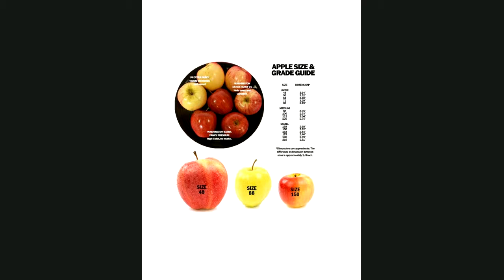Now, I'm not an expert on apple grades and apple sizes, but my understanding based on what I see in this diagram that I grabbed from the internet is that there are 3 different grades of apples.